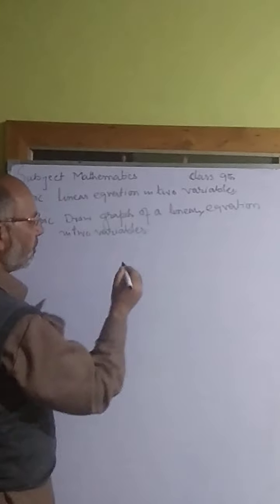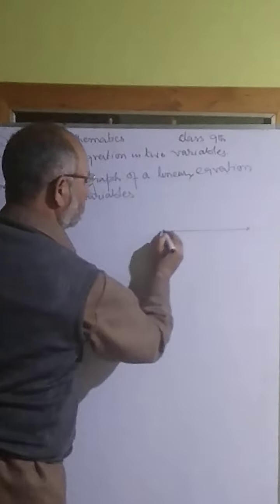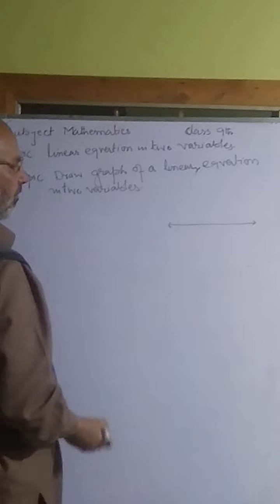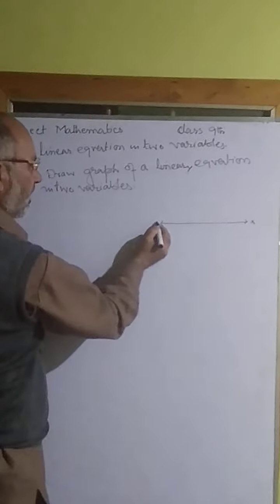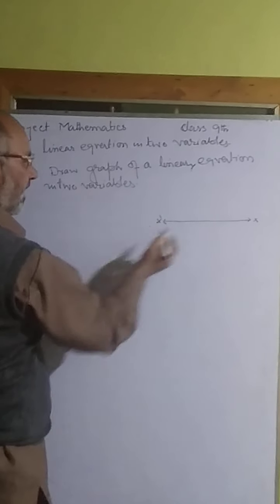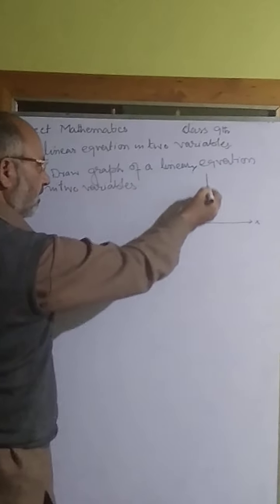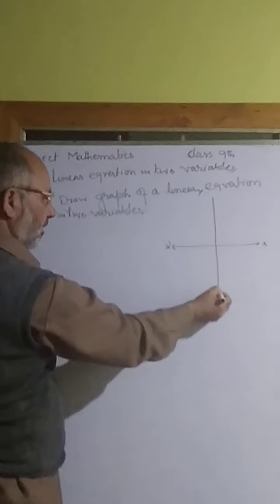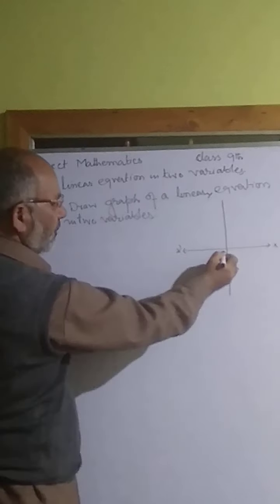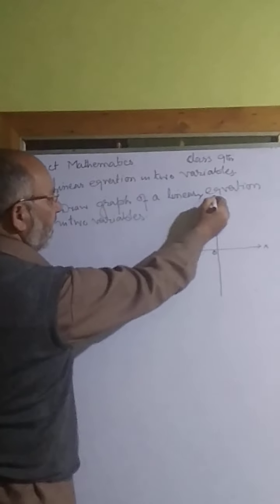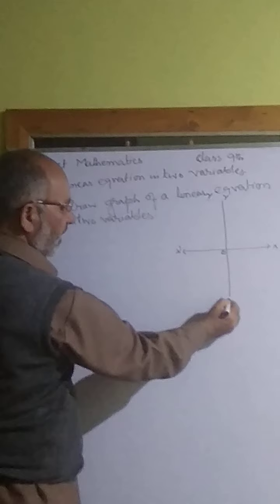We draw two lines. One is a horizontal line called the x-axis, and another line which intersects the x-axis at point O, this vertical line, is called the y-axis.